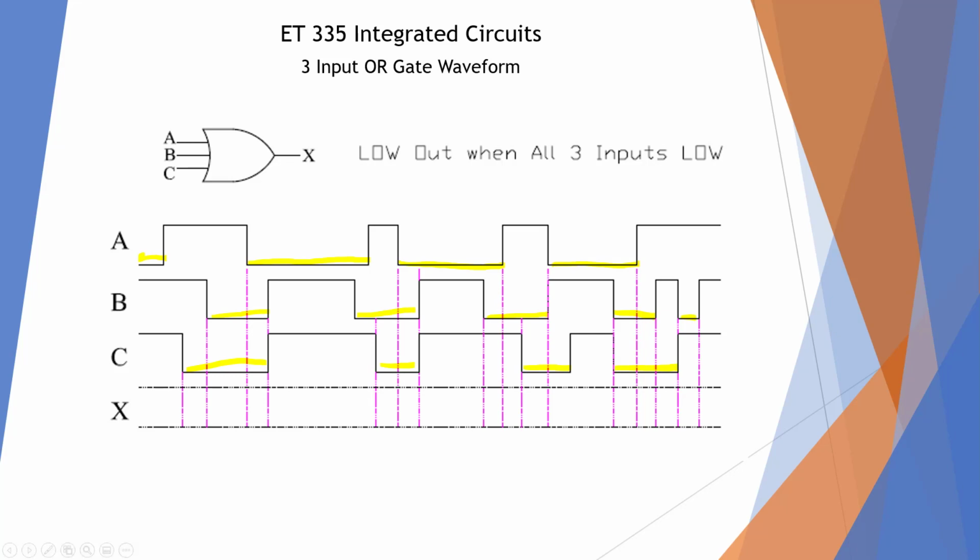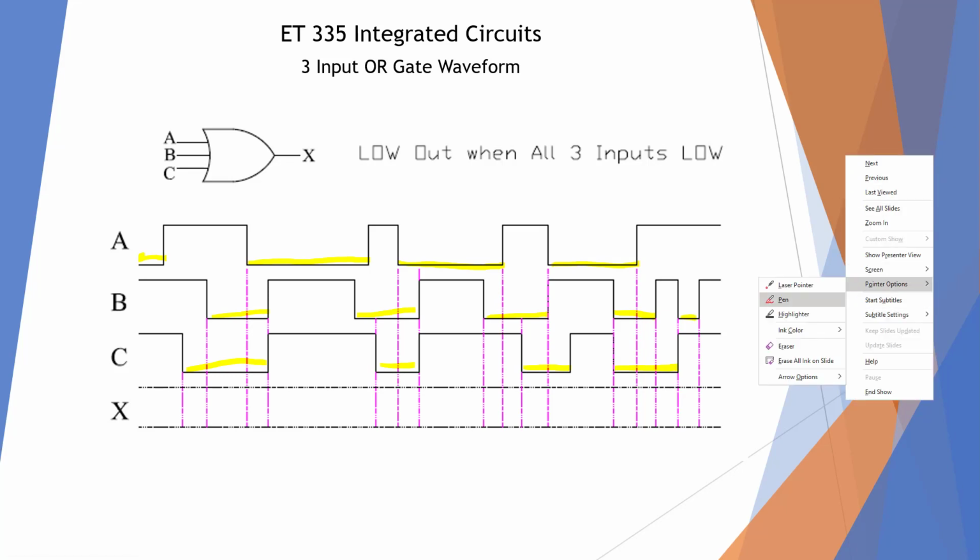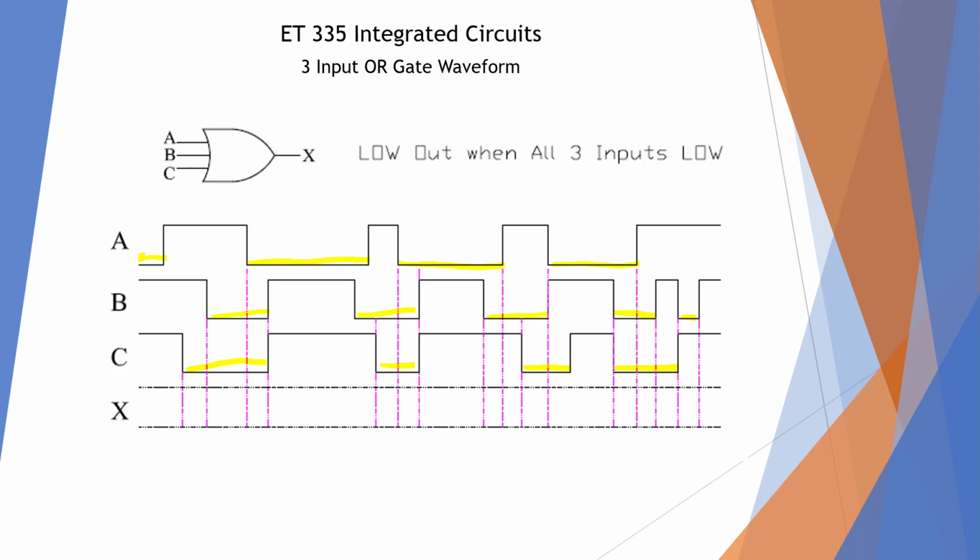Okay, that looks right. So let's go ahead and convert to our pen, and let's see where they're all low. So if they're low, that means everything else needs to start off high.